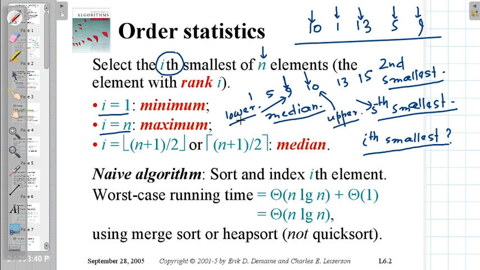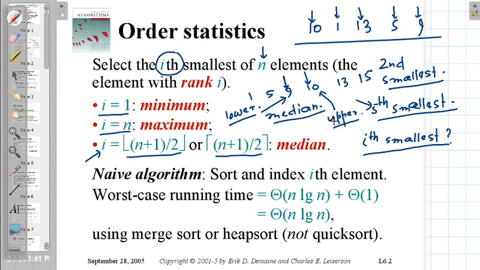So we have two medians in that case. That is why this i is defined with this or this. If I define the median this or this, then we are addressing both the lower median and the upper median.